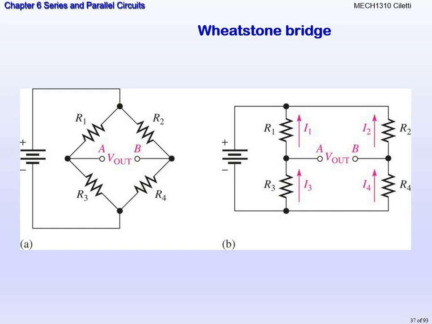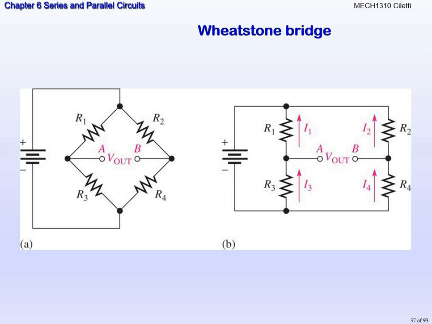That's how we normally draw it, and when you recognize it on a schematic, that's what it's going to look like. There's some different relationships. V out is a control voltage, and that's going to make sense when we start doing some problems. And then there's some relationships between the resistors. We're looking for a balanced or an unbalanced Wheatstone bridge, and I'm going to repeat this part over and over and over.